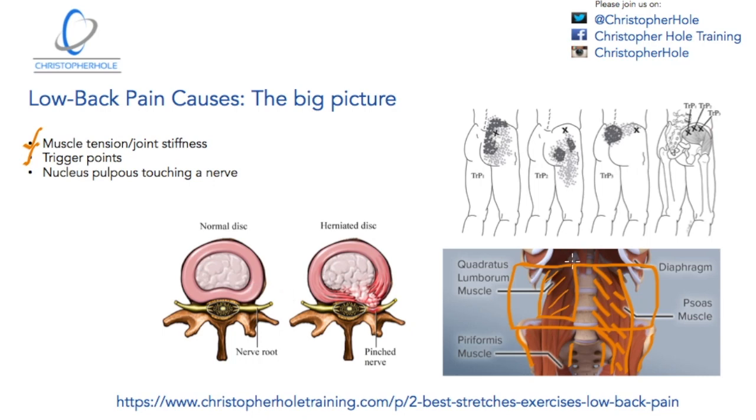Now, trigger points can give you low back pain, or you can experience low back pain from trigger points. So if we come over here, we've got the glute medius trigger points. You can see the three of them. You've got trigger point 1, furthest around the back, trigger point 2 in the middle, and then trigger point 3 there. Now, these are all in the glute medius.